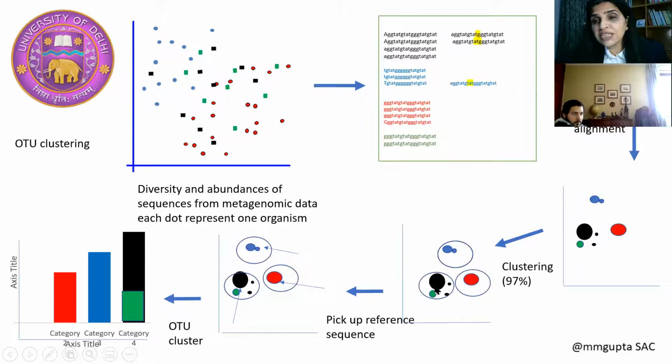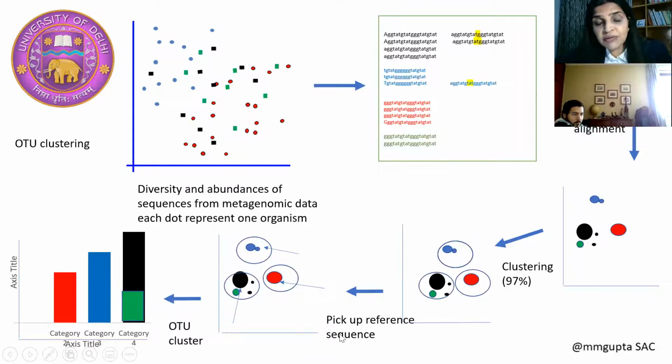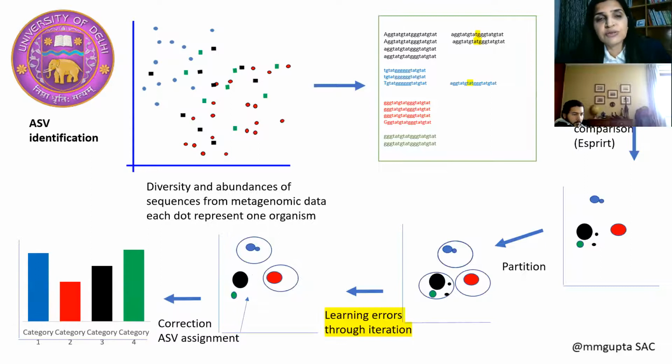When picking the reference or consensus sequence, it didn't pick any sequence for the green one, so it missed green. OTU clustering shows only three OTUs in this community, so the diversity is only three, and the abundance would also not be right.